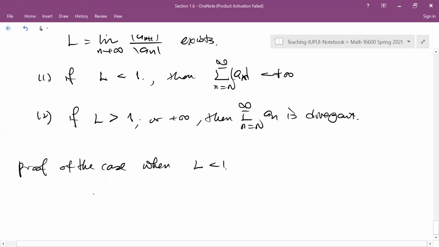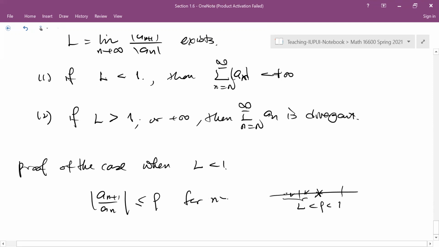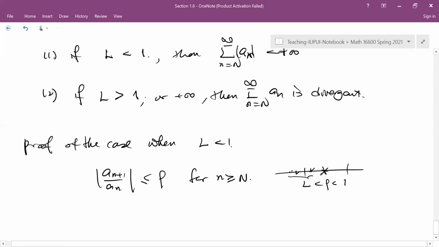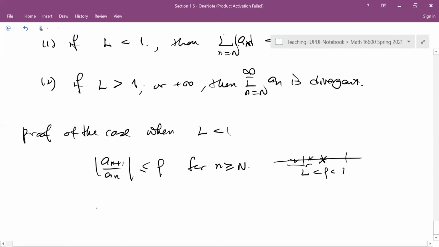When L is less than 1, this is because the limit is L. So you must have, here's 1, here's L. For sufficiently large N, the ratio will be less than this. So I take an arbitrary number between L and 1. So this is less than or equal to rho for N greater than capital N, for some large N. All right, so that's it.